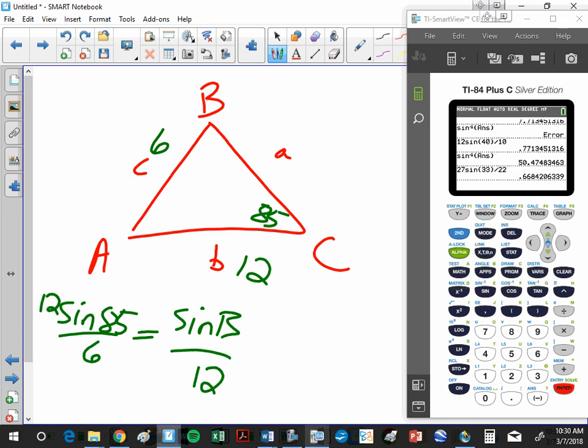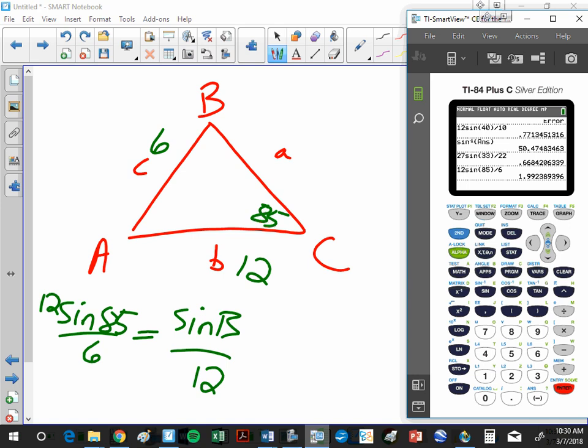So 12 sine 85 over 6. 12 sine 85 divided by 6. And this one has none because it's bigger than 1. Okay.